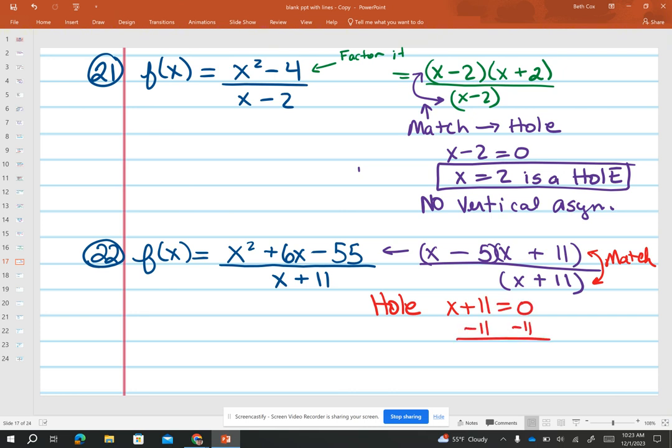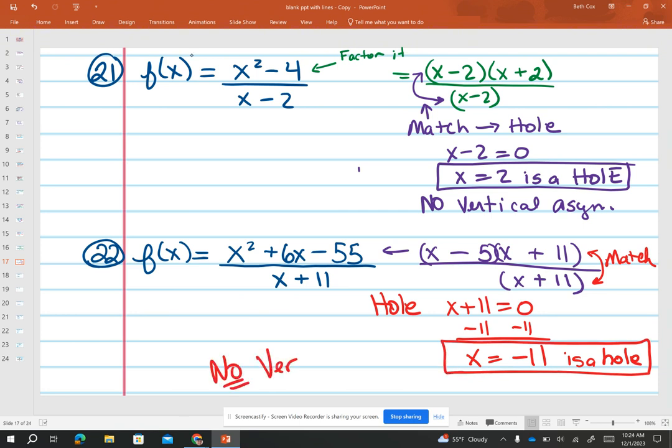Subtract 11 on both sides. x equals negative 11 is a hole. No vertical asymptotes. Why? Because there's no more denominator.